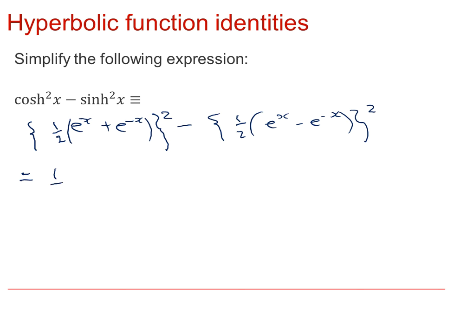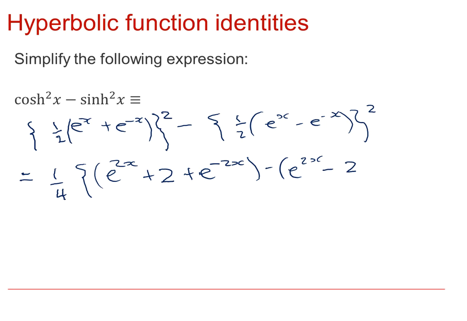We take out that quarter and expand. That would give us e to the 2x plus 2 plus e to the minus 2x, minus e to the 2x minus 2 plus e to the minus 2x.